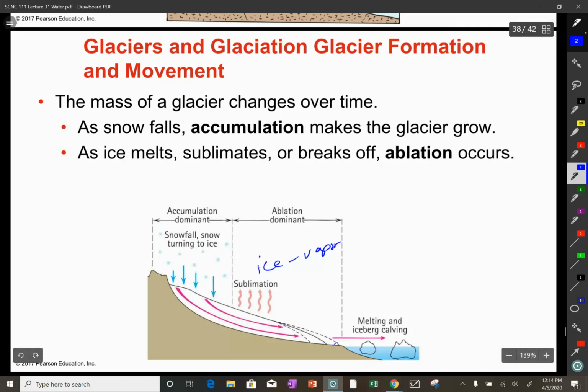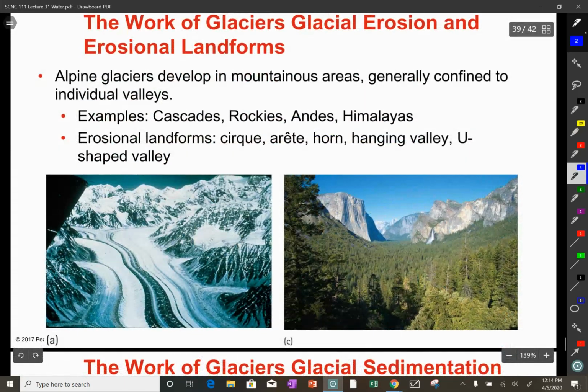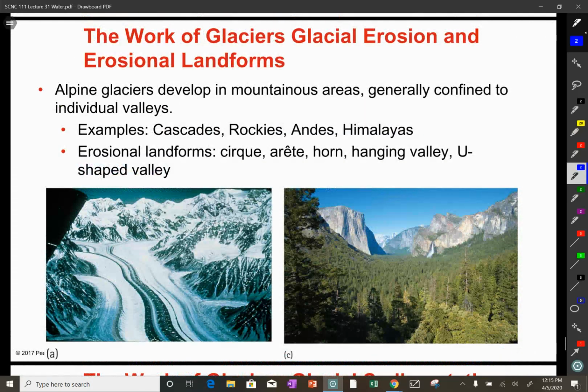And so notice here, the end of this glacier is retreating. Most glaciers today are retreating. Why? Well, we believe because temperatures are getting higher. And with temperatures getting higher, well, it's natural for the glacier to retreat because you have more sublimation, more melting. So here is on the right, very near and dear to my heart, this is Yosemite Valley.